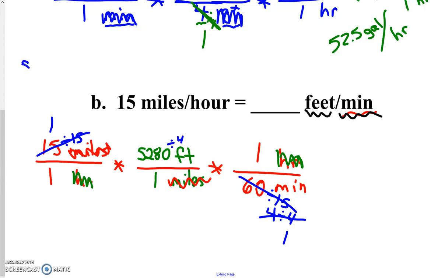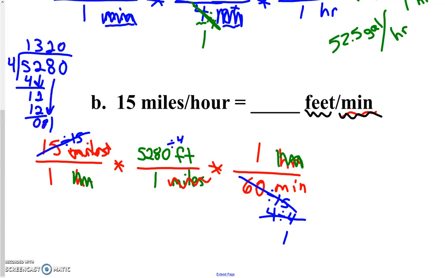Probably set up a quick side problem to divide that by 4. So I get 1320. So when I go to multiply, looks like on top I have 1320, and on the bottom we just have 1.